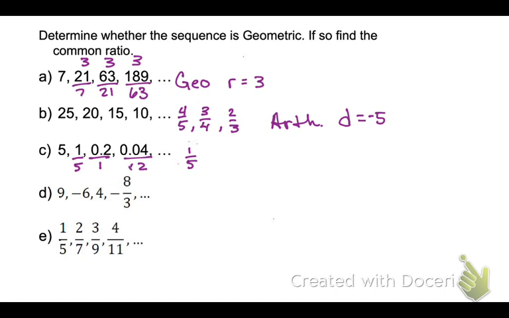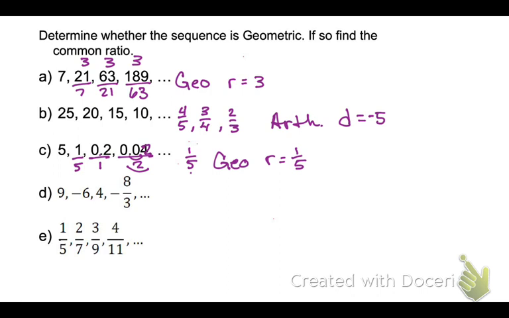And then 0.04 divided by 0.2: I moved my decimal, and 4 divided by 2 is 2. So I have 0.2, which is the same as the previous term. So it is geometric, and r is 1/5.